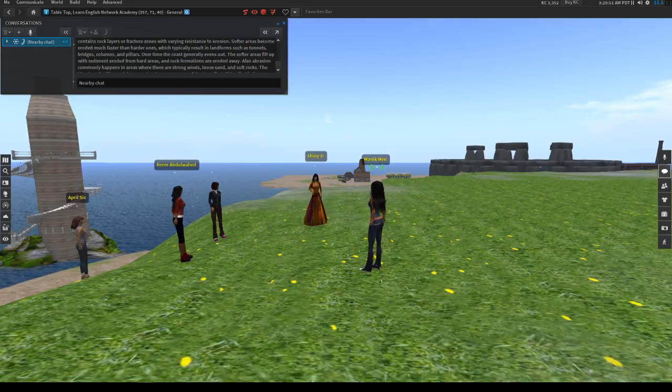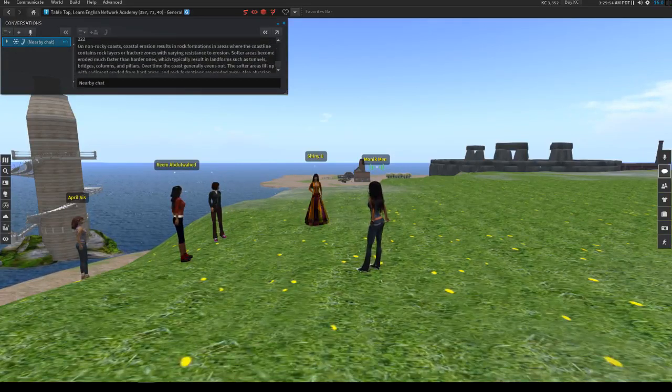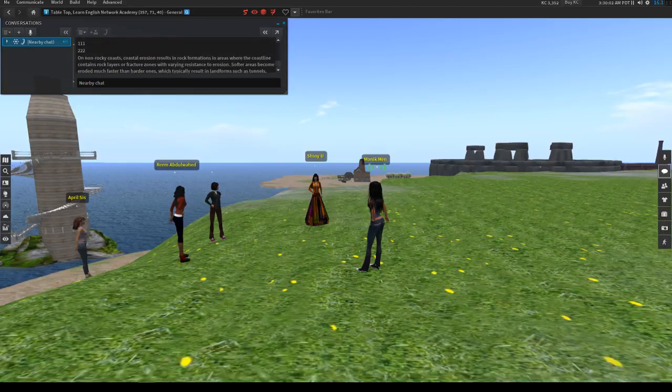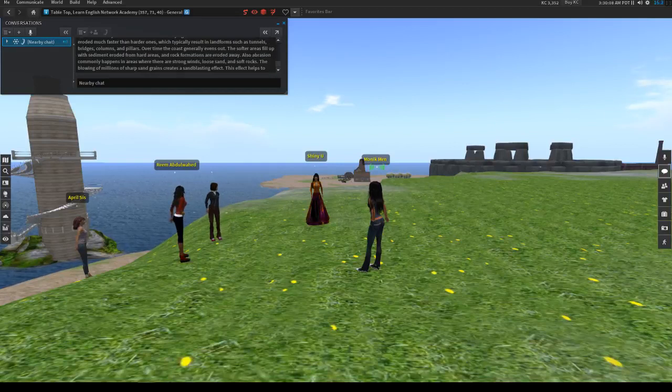Softer areas become eroded much faster than harder ones, which typically results in landforms such as tunnels, bridges, columns, and pillars. Over time, the coast generally evens out. The softer areas fill up with sediment eroded from hard areas, and rock formations are eroded away.